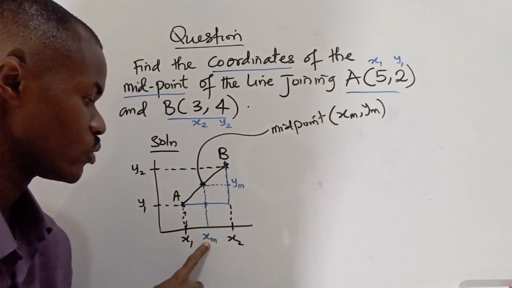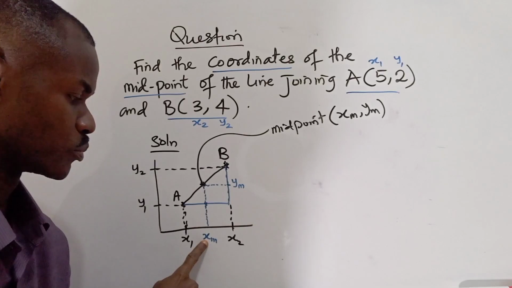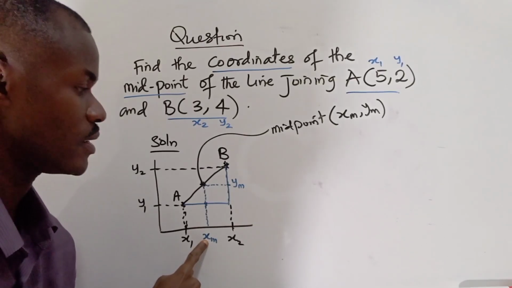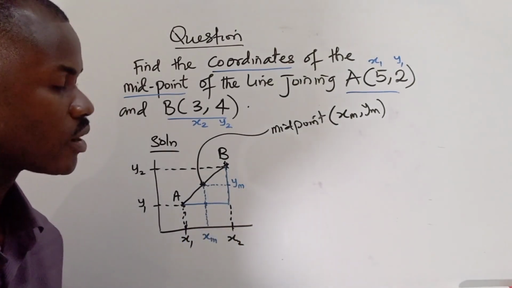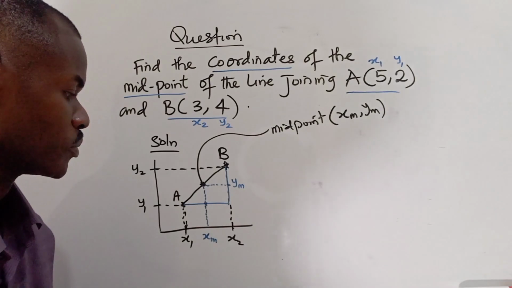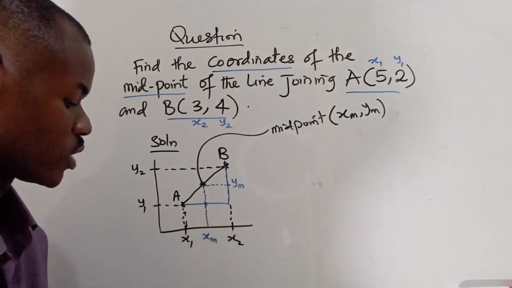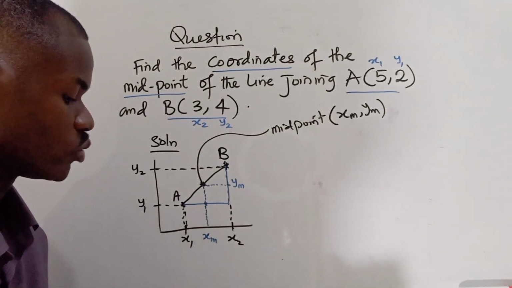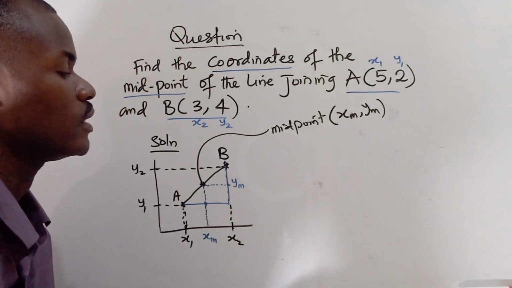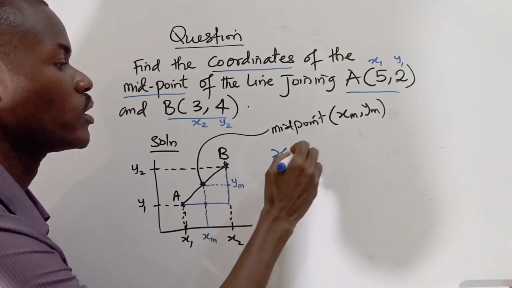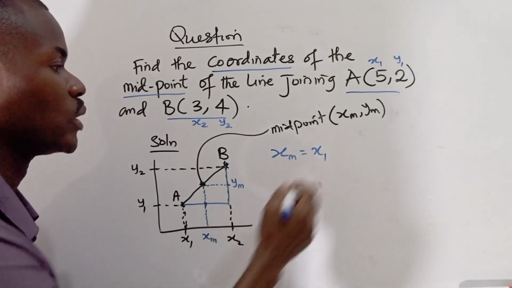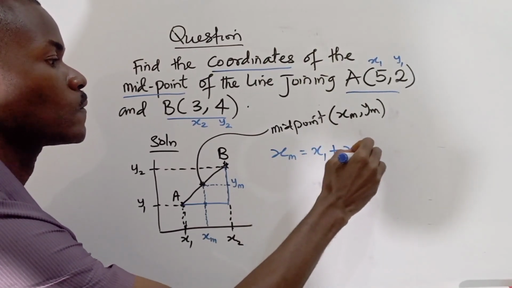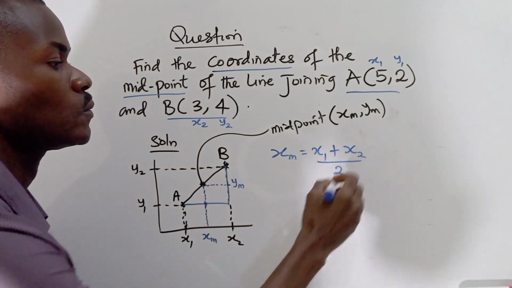Now, the question is, what is the midpoint of x and what is the midpoint of y? All we need to do is take the distance between these 2 points. The x midpoint will be x1 plus x2 divided by 2.